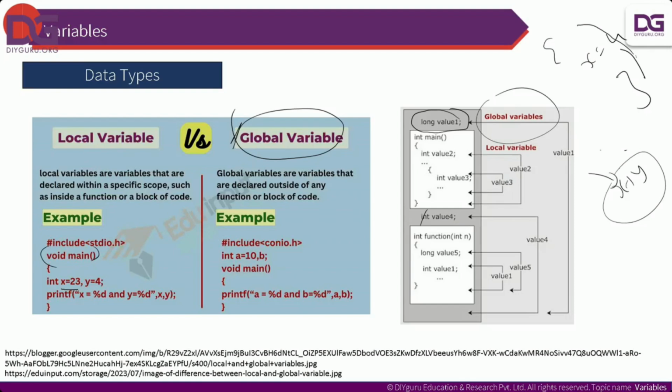And the local ones we have, you can also keep more local variables one after another. This is local variable 1, which has a limit up to this one. Then this variable 3 has a limit up to this one only. But a global variable you can access throughout.